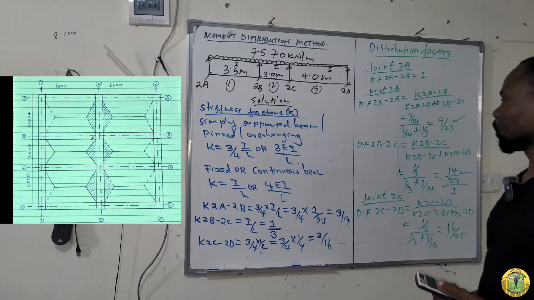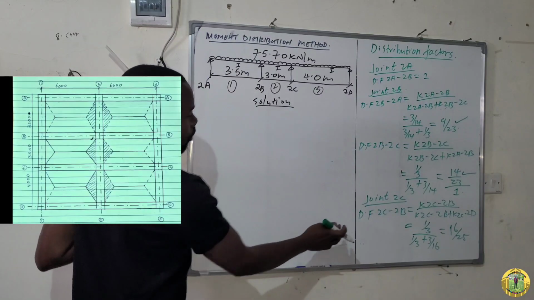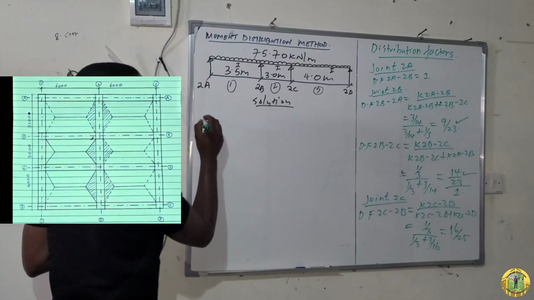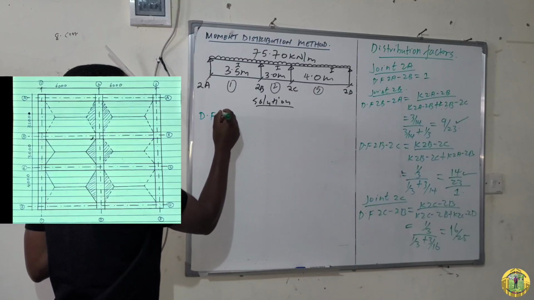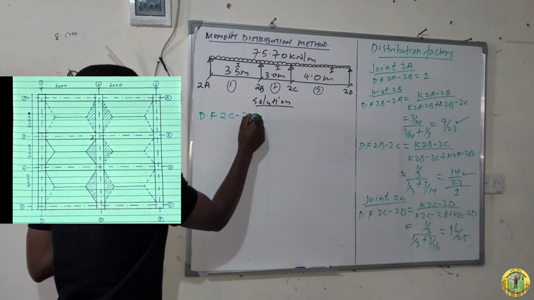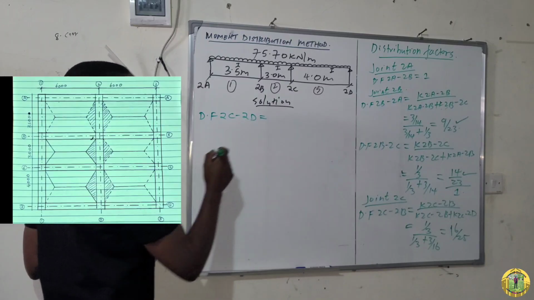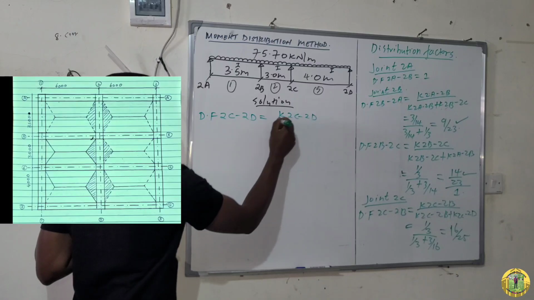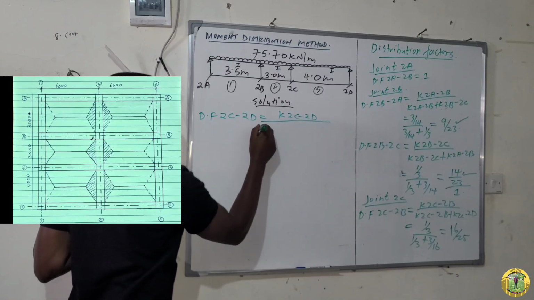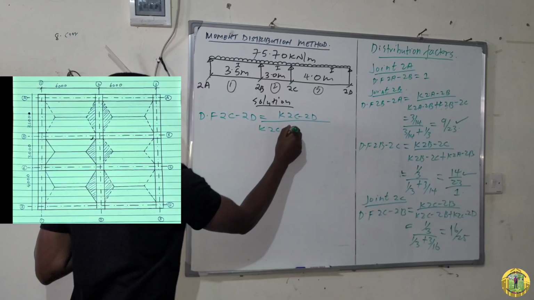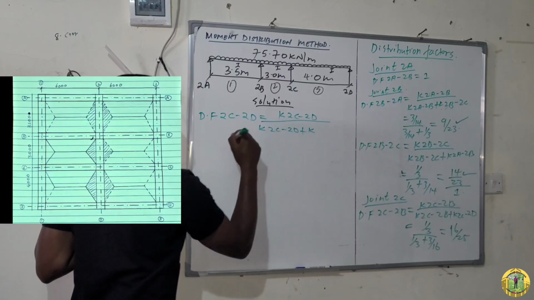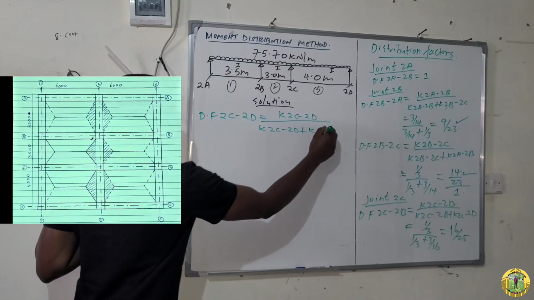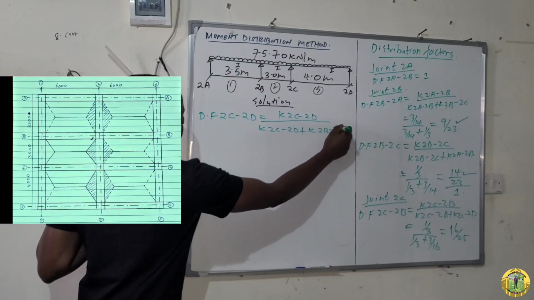So let me clean here so that you can continue. Under the similar joint, which is joint 2C, we have DF 2C 2D. So this one is equal to K 2C 2D all over K 2C 2D plus K 2B 2C.